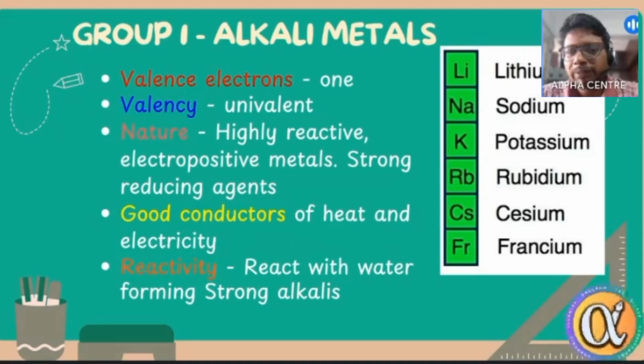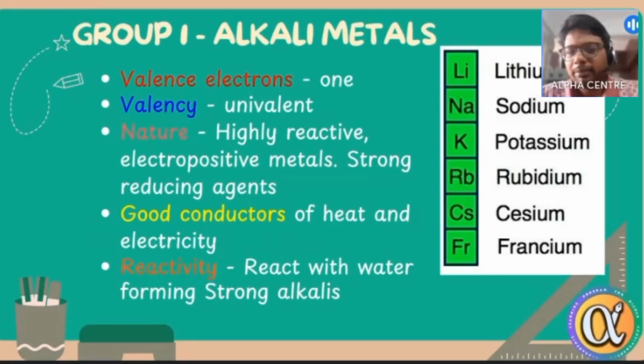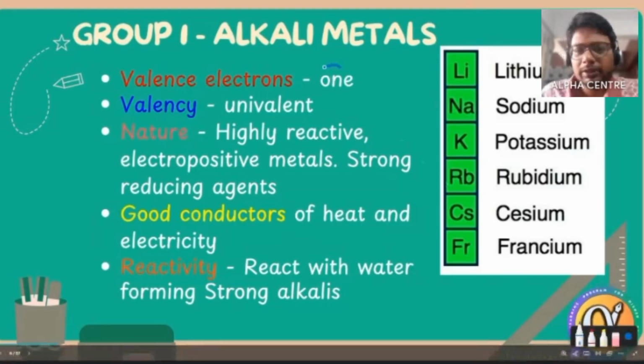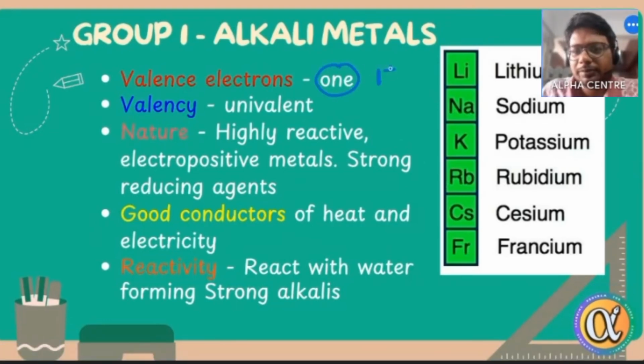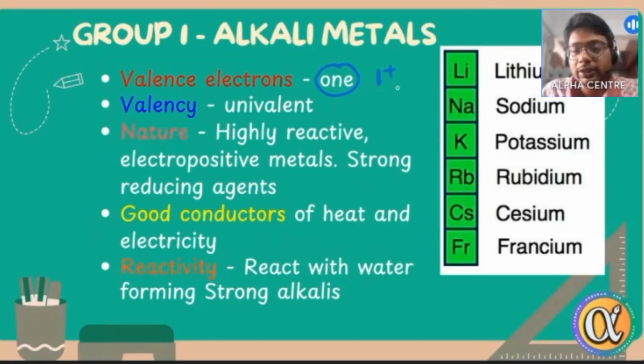The first group of elements in the periodic table, that is on the extreme left, is known as alkali metals. This group consists of elements like lithium, sodium, potassium, rubidium, cesium, and francium. What is the valency of this group? 1 plus. As all the elements in this group have just 1 electron in the valence shell, their valency is 1, and the valence electron is also 1.